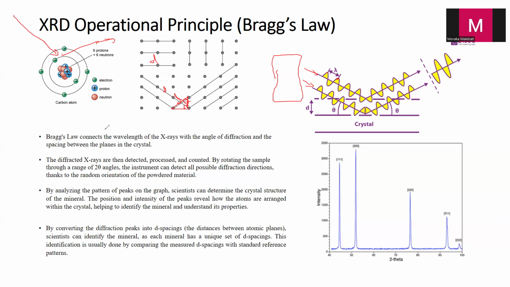One thing we want to bring to attention is the half angle between the incident and scattered beams.